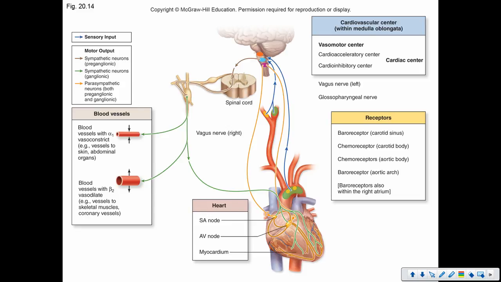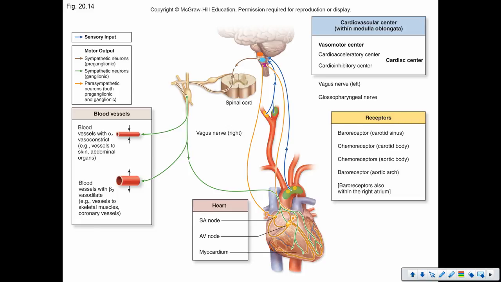We'll see, as we get onto the autonomic nervous system, that sometimes the sympathetic will have one effect on one area of the body and another effect on other areas. So, for example, when we see the alpha-1 receptors affected by the sympathetic, we're going to see contraction of blood vessels.